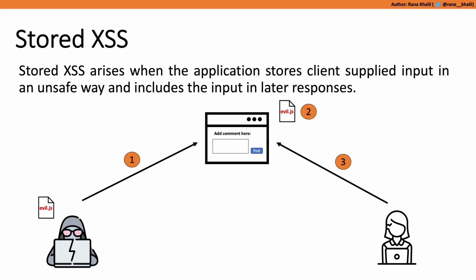Now, there's a ton of stored XSS vulnerabilities that have been found in real-world applications, but a really famous example is the MySpace social networking site. In 2005, it was found to be vulnerable to a stored XSS vulnerability in the user profile page. So a user, or also an attacker called Sammy, placed malicious JavaScript in his profile page so that anyone who visits his profile, the script executes, it adds Sammy as a friend, and it copies the content of the script in the victim user's profile page.